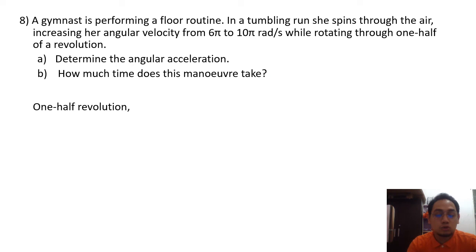So let's look at the information given. First, you have been given the value of omega naught, and this one is the value of omega final. Rotating through 1/2 of a revolution, so you have been given the value of theta.